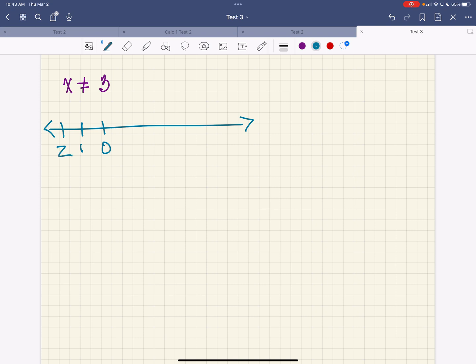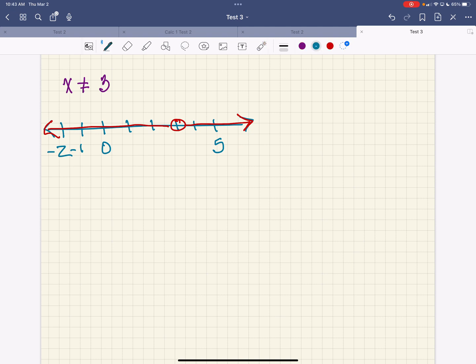Here's negative 1 and negative 2. And here's 5. What I'm saying here is that x can be any number up until 3, and then it can be any number after 3. Now, what number is way down here? What number is this? Excellent, negative infinity.